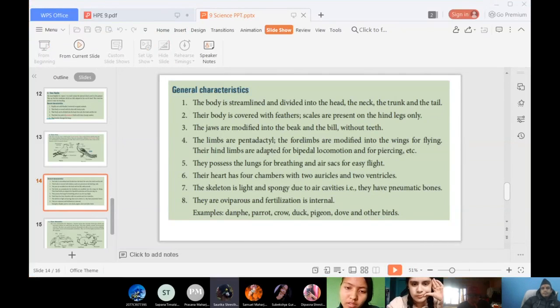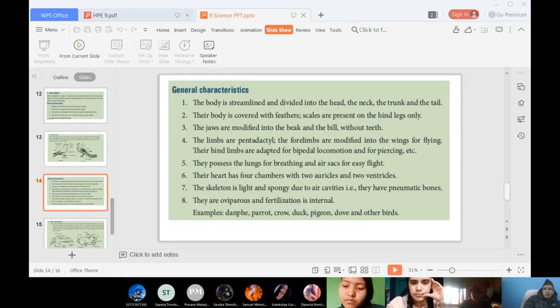Now, students, we are discussing characteristics of birds. The first characteristic is that their body is streamlined, which means boat-shaped. Their body is divided into head, neck, trunk, and tail, like reptiles.